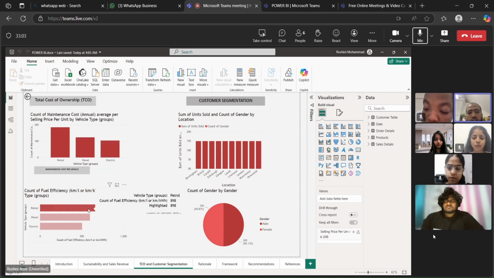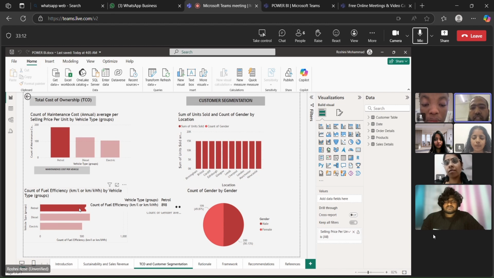Count of efficiency vehicles types and existence.